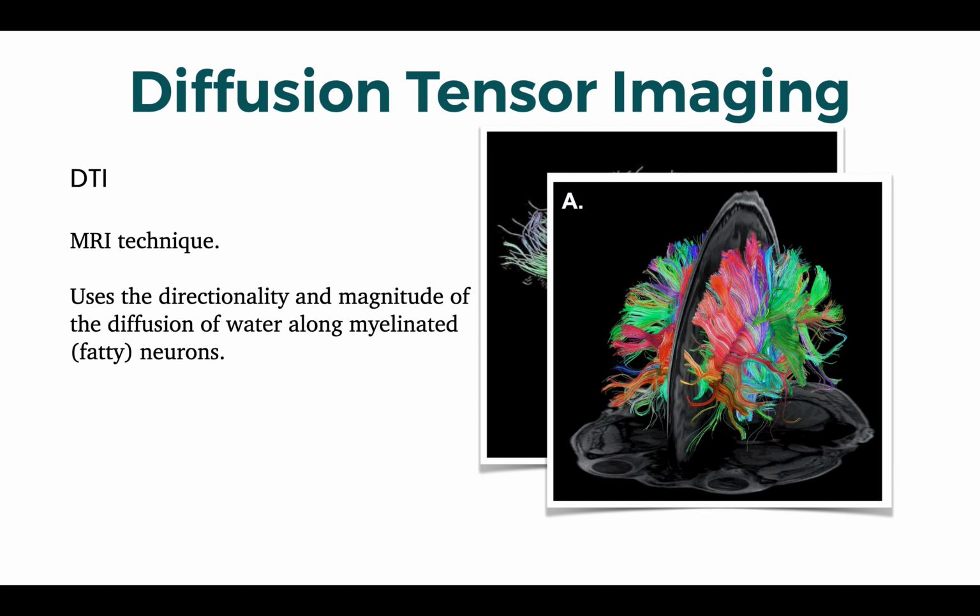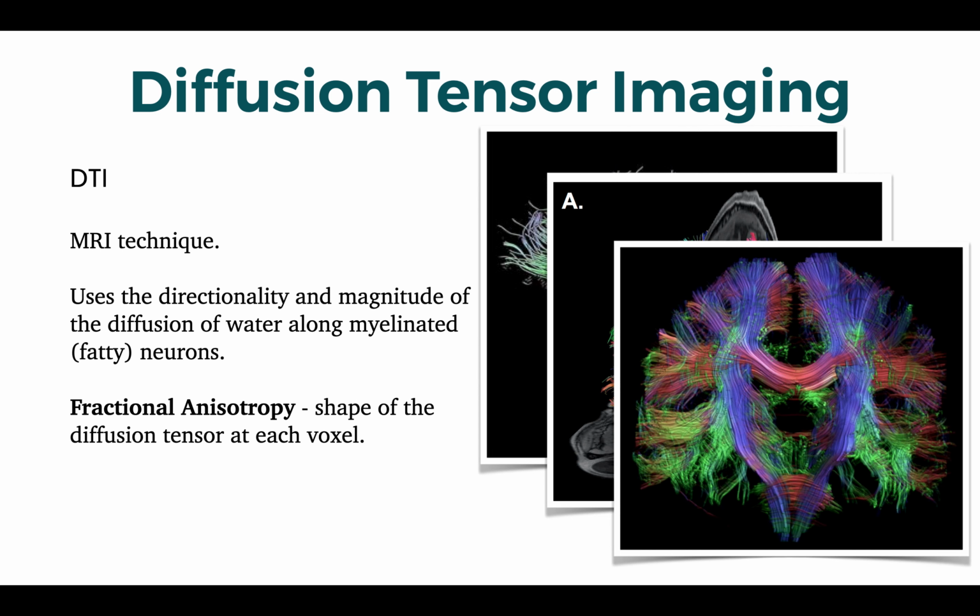If you follow the water, it will tell you where this particular axon is going, and you can make all of these cool little projection traces. You'll see more about what neurons look like and how they're made later.